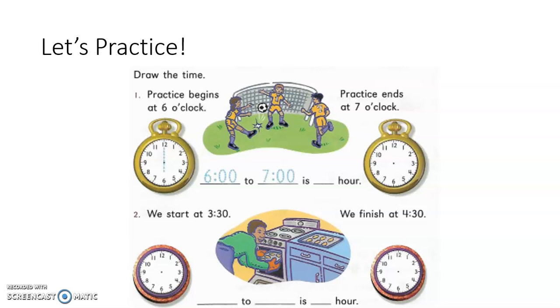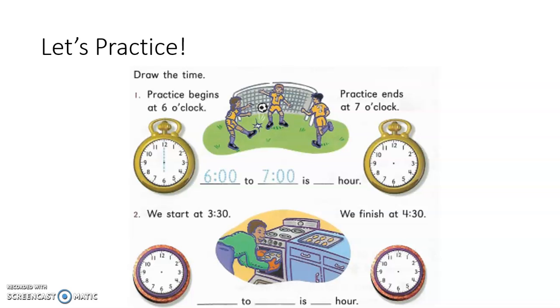Where should the minute hand be pointed to? The 6. Let's see how we figure this out. If the little hand is pointed at the 3, that's your hour. The way we figure out that we need to draw the minute hand pointed to the 6 is by counting by fives. So let's start.